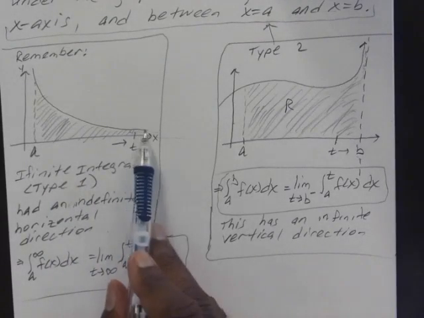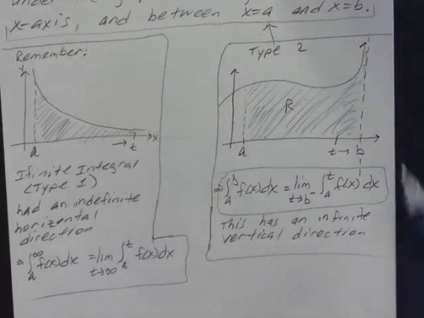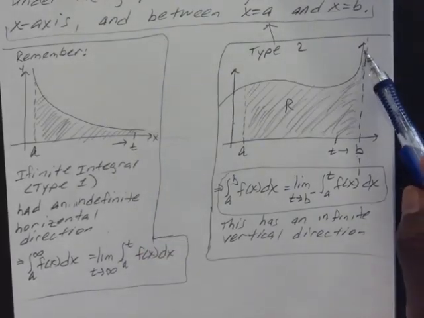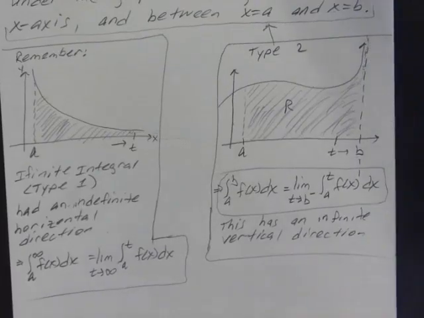This t is going to keep going horizontally, and this infinity keeps going vertically. Same general idea, but you do have to tweak the formula a little bit.